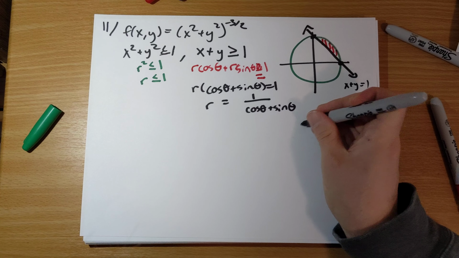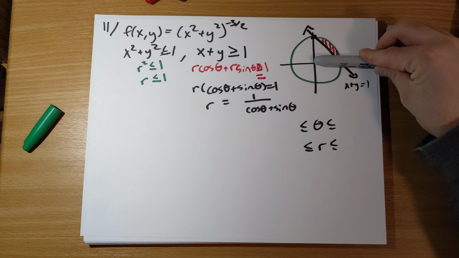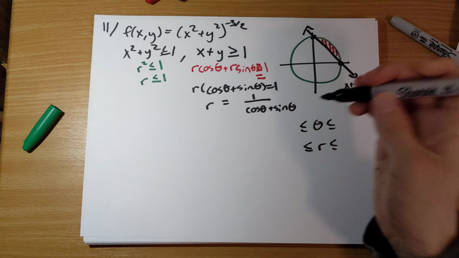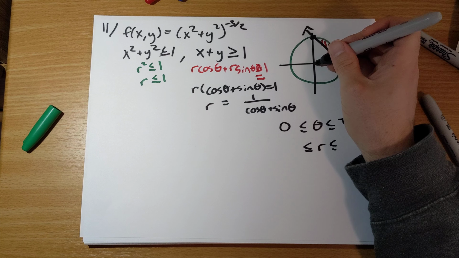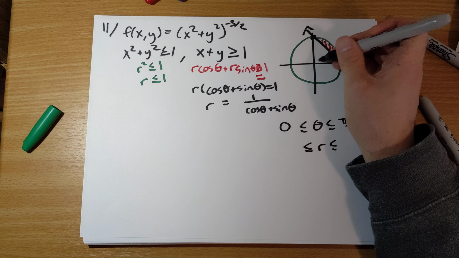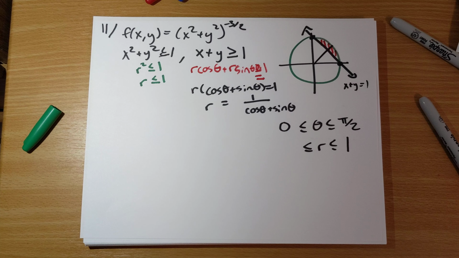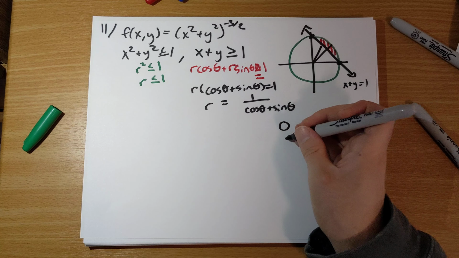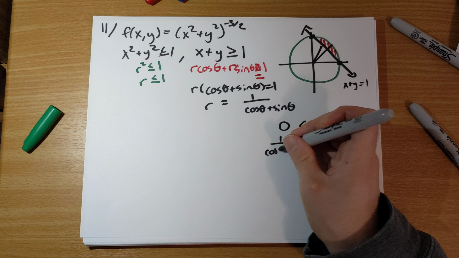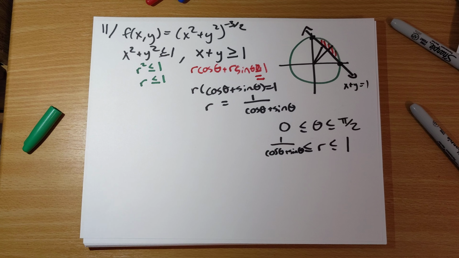Okay, we need bounds on theta, and we need bounds on r. Theta can be anything from 0 to pi over 2. r can be anything from, the biggest r can be is when we hit this out here, r is equal to 1. The smallest r can be is right here, when we hit r is equal to 1 over cosine theta plus sine theta.